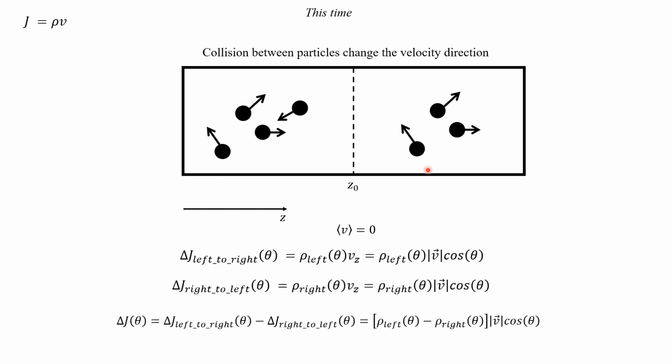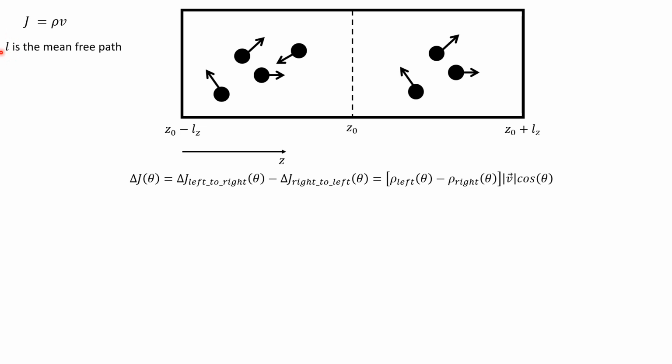So the length of the box is set by the mean free path because only within the distance without collision the particles will actually reach the edge and hence contribute to the current. So we use the letter L to denote the mean free path, and now we can set the dimension of the box according to the mean free path.